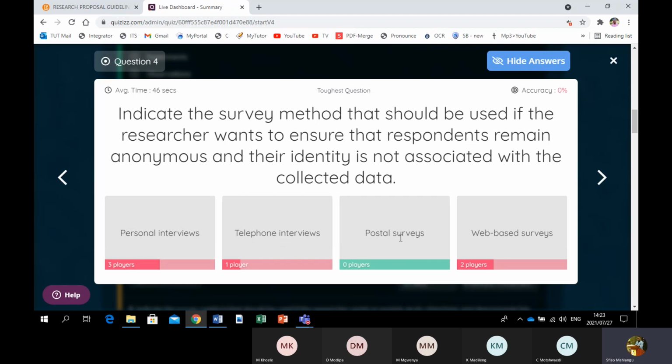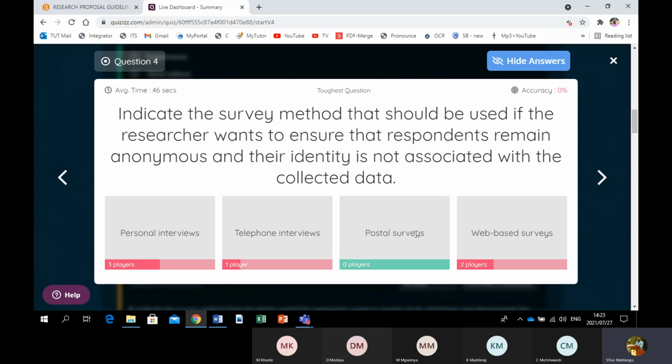But with postal survey, they don't have to meet me, first of all. And secondly, if they don't have my address, it's easy for them to just throw those letters into my yard without knowing who lives there, meaning that there is no association. So postal survey has that advantage of remaining anonymous.